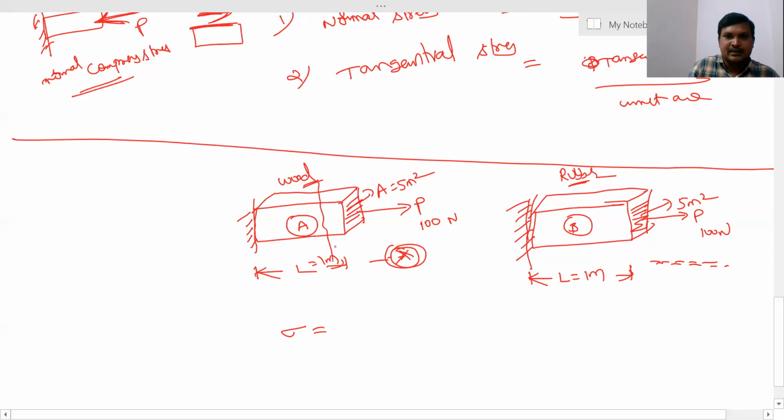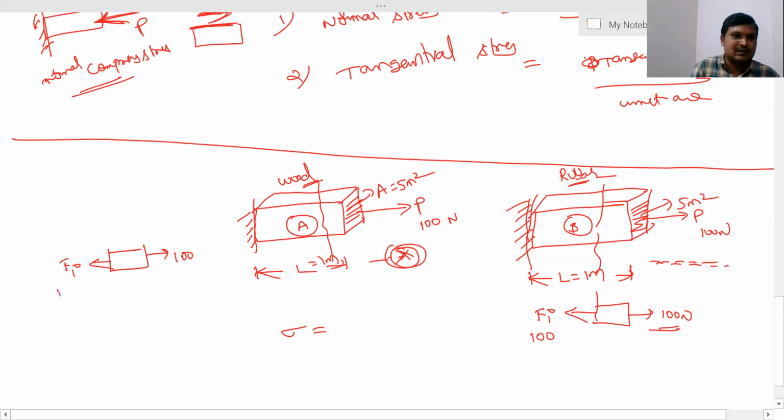So I'm taking this as a free body with a P force of 100. For resisting this P force, definitely an internal resistance force is generated. Here also in this member, 100 newtons is applied, and for resisting it an internal resistance force is generated. The internal resistance force is always equal to the applied force, so this is also 100. The area is 5 meters square for both.